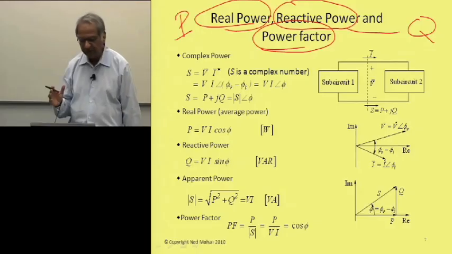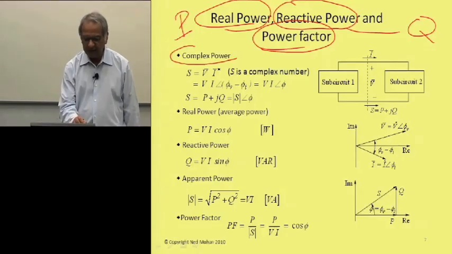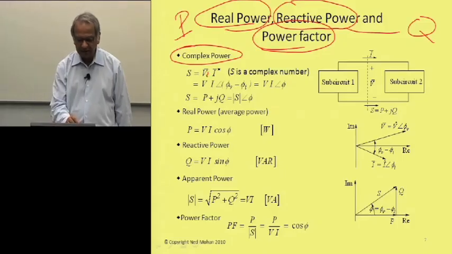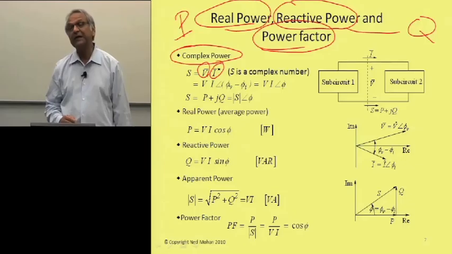So first of all, we'd like to define a quantity called complex power, which is really the product of the voltage phasor and the complex conjugate of the current phasor.